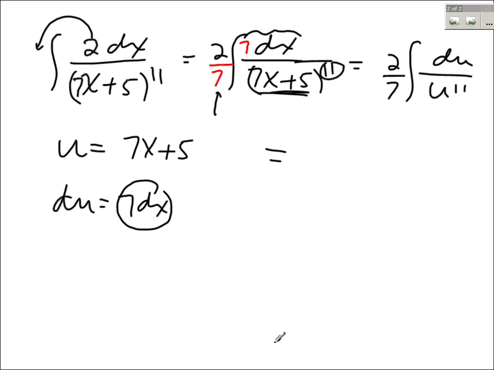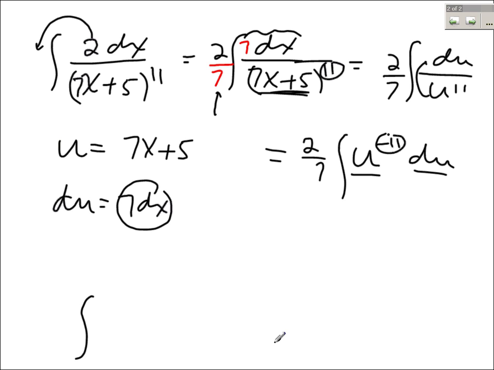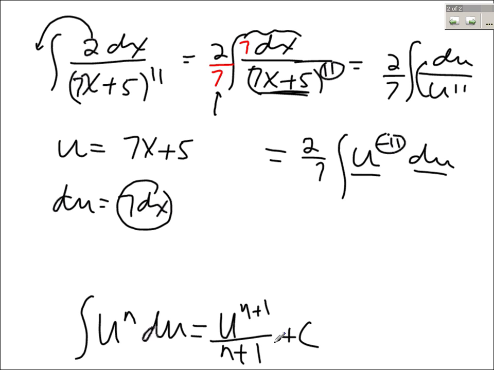Right now, I'll bring the u to the 11th to the numerator as u to the negative 11th du. Well, this is u to the n du. By the way, when I said the integral of u to the n du is u to the n plus 1 over n plus 1 plus c, this is assuming that n is not negative 1. After all, if n is negative 1, we'd be dividing by 0.